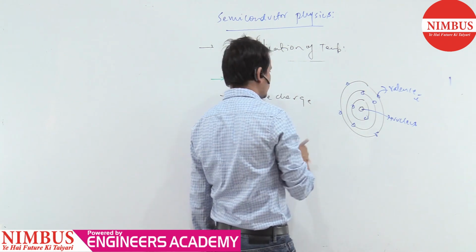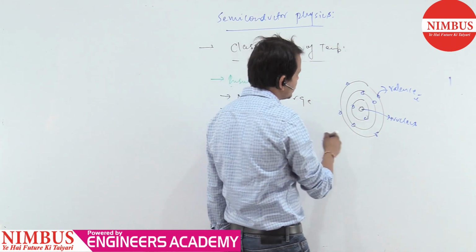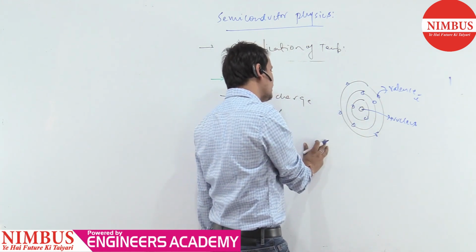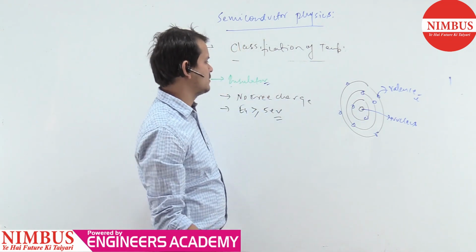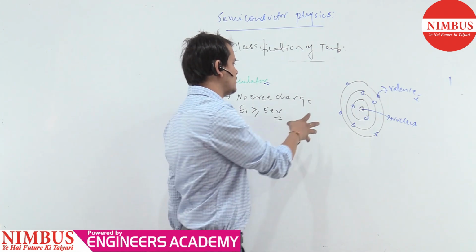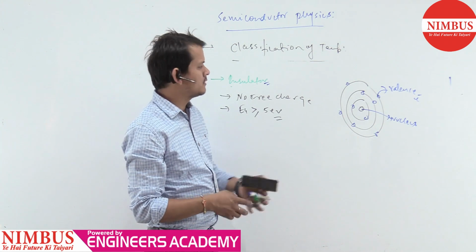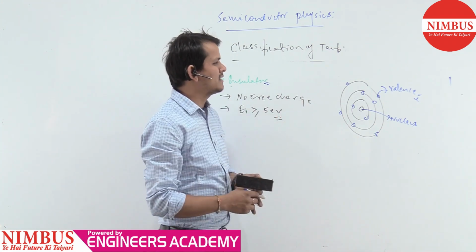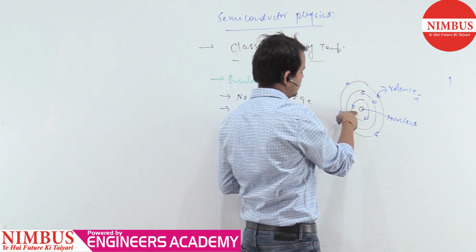In the insulator we don't have any free charge carriers. What is a free charge carrier? This is one atom in the semiconductor material, and we have a number of atoms. X-ray studies say that every insulator, semiconductor, and metal has a crystalline structure. So we have atoms in a crystalline pattern.